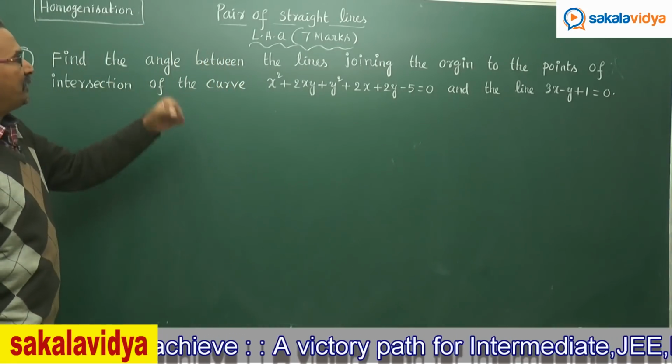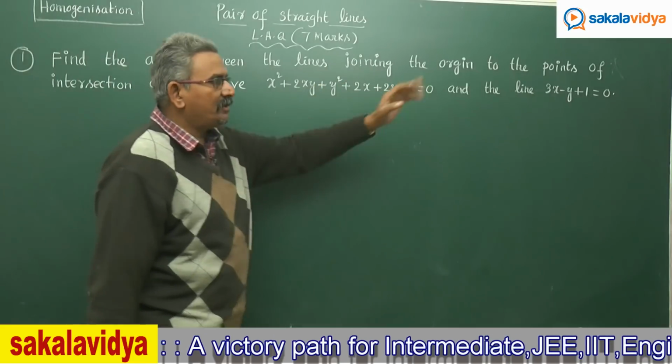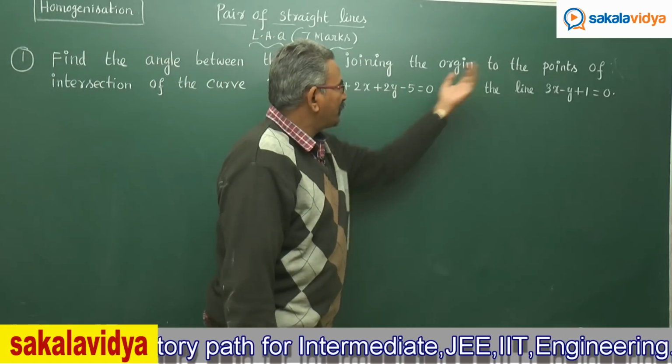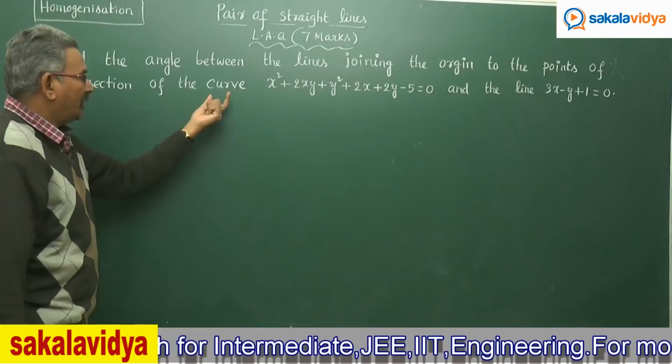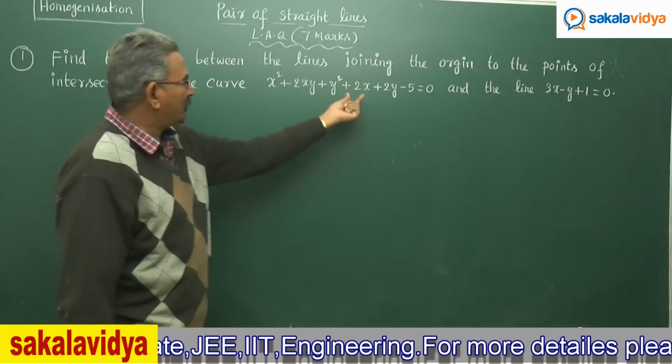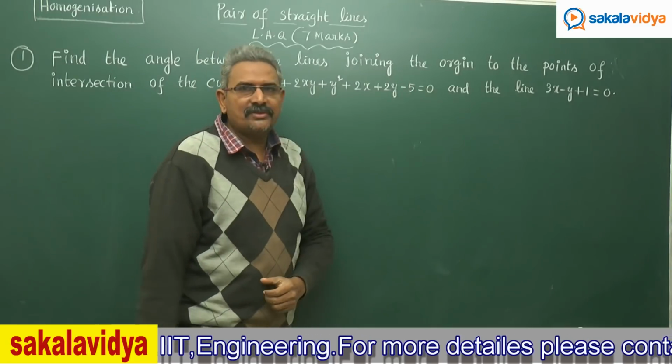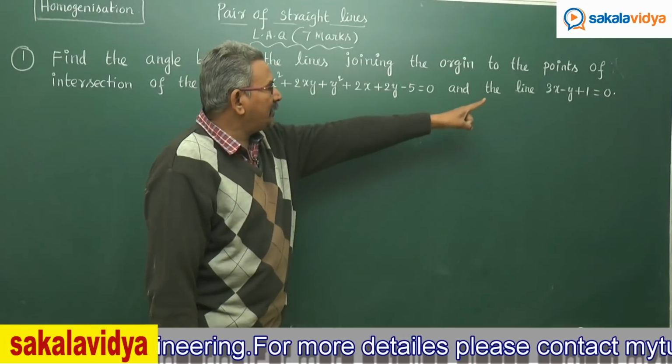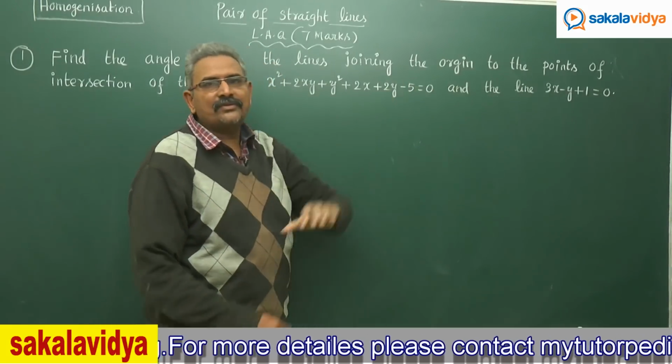Find the angle between the lines joining the origin to the points of intersection of the curve x square plus 2xy plus y square plus 2x plus 2y minus 5 is equal to 0 and the line 3x minus y plus 1 is equal to 0.